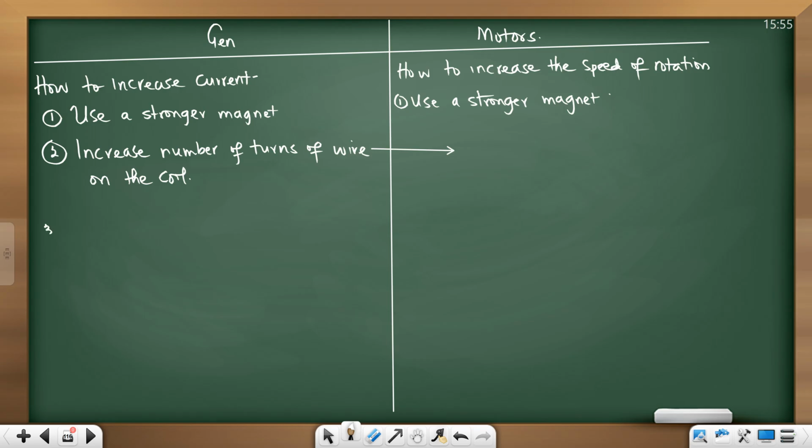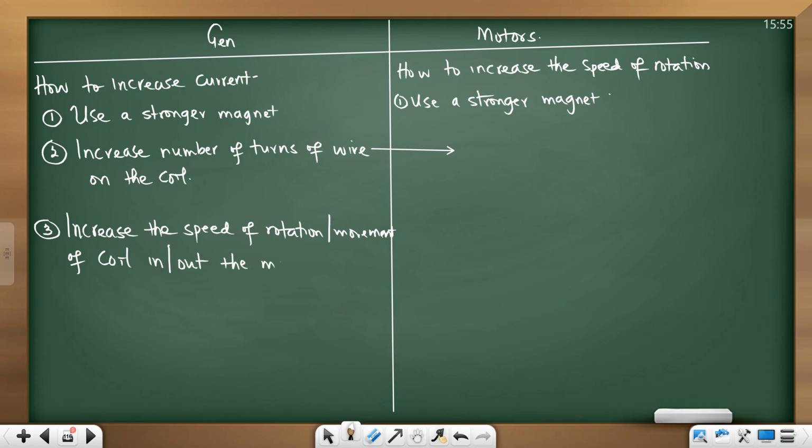Number 3, this is where they are different. Here, increase the speed of rotation or movement of the coil in and out of the magnet.